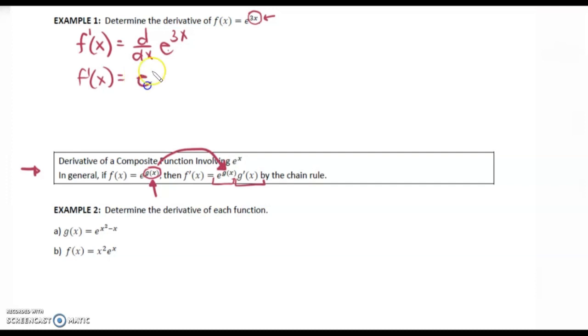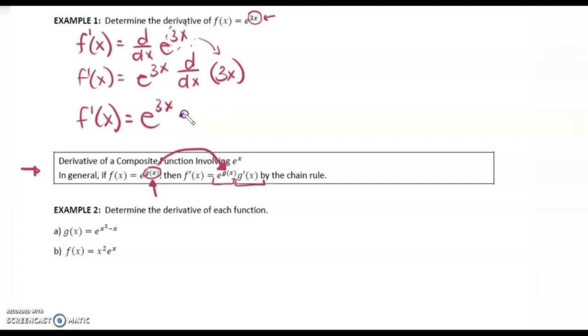We're going to rewrite e^(3x), but then we still have to take d/dx of 3x, because that is the function in the exponent. So f'(x) equals e^(3x) times the derivative of 3x, which is just 3. To rewrite this, I would just take the 3 and put it in front. I would write this as 3e^(3x).